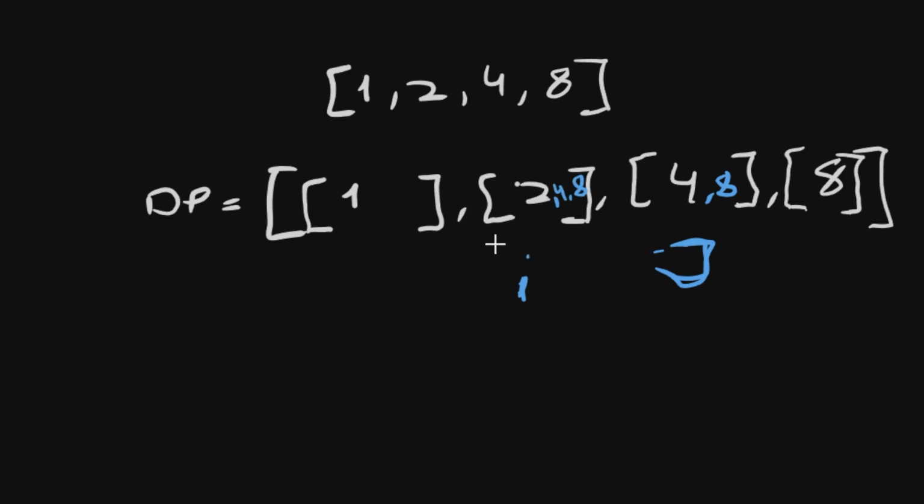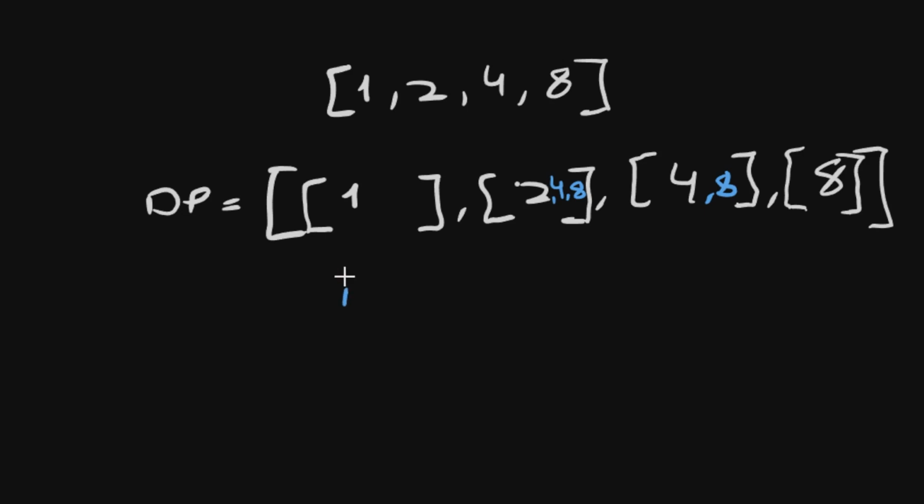And we continue. Now the i pointer is here and the j pointer is here. We are checking if 8 modded by 2 is 0, which it is. So we'll get an array with 2 and 8, which in this case has a smaller length than the array that we already have, so we keep this one and we continue.